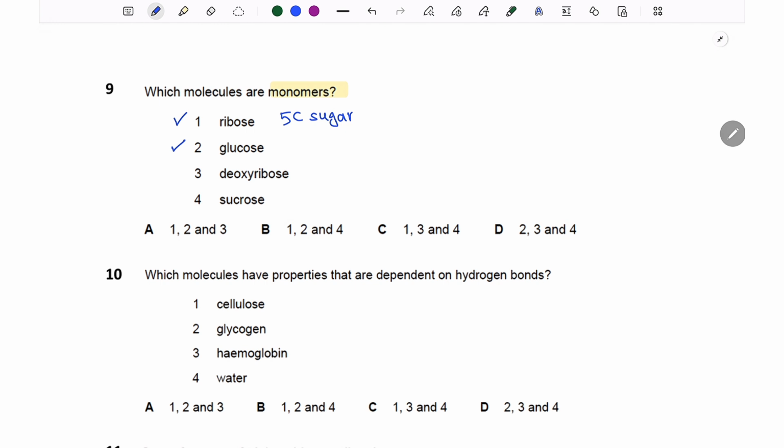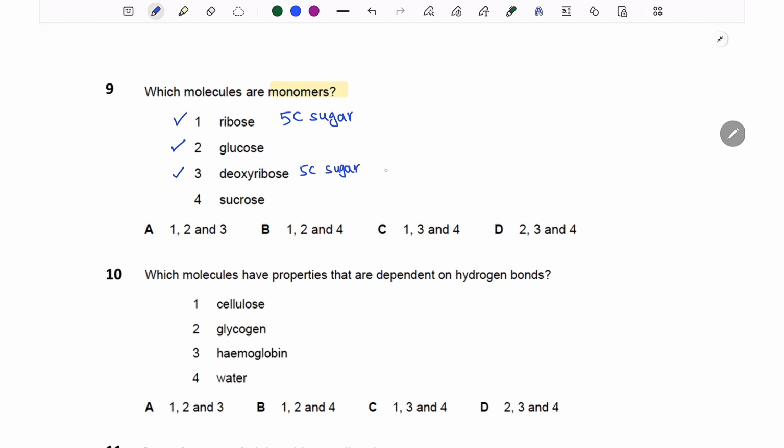Remember, glucose and a glucose forms a maltose. You have glucose as a monomer of starch, of cellulose. Deoxyribose, this is similar to ribose but in DNA instead of RNA.